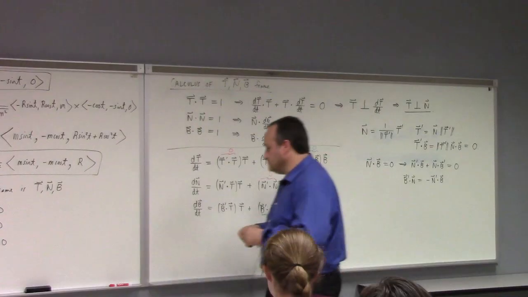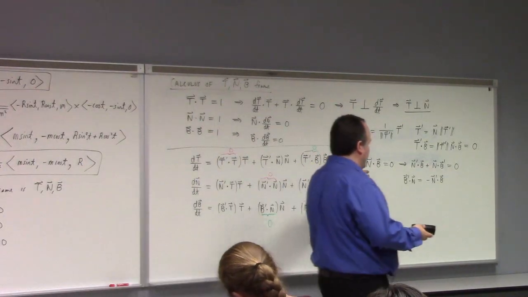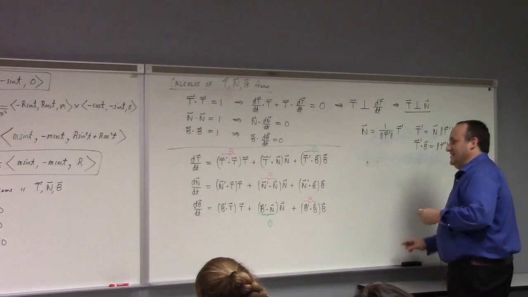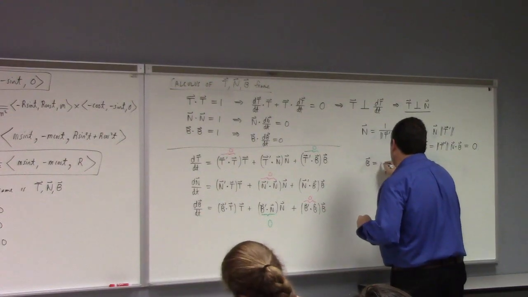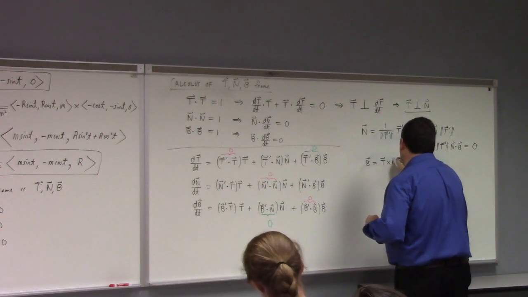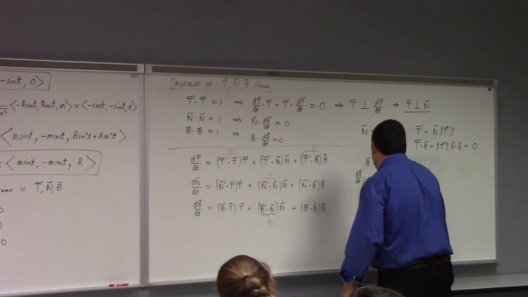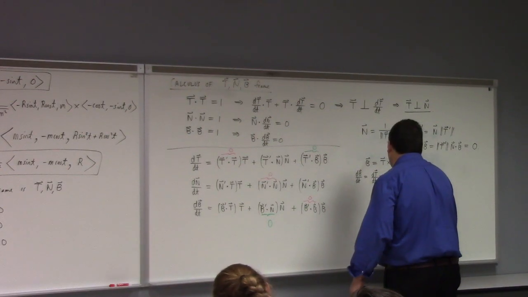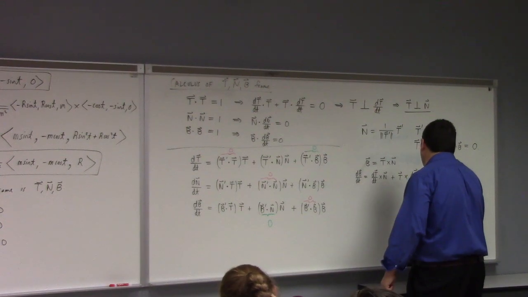All right. Well, this didn't help. Let's try this. If b is equal to t cross n, right? So if I calculate db dt, that is, of course, dt dt cross n, plus t cross dn dt.